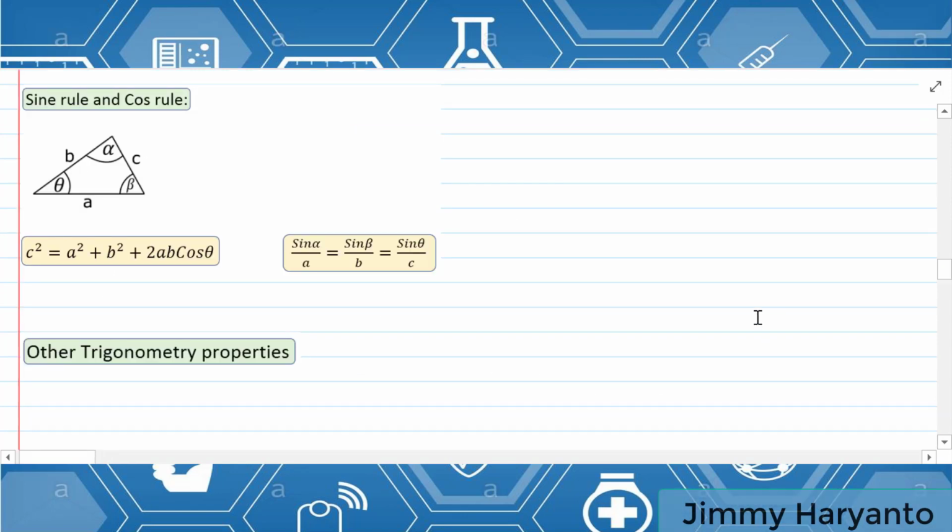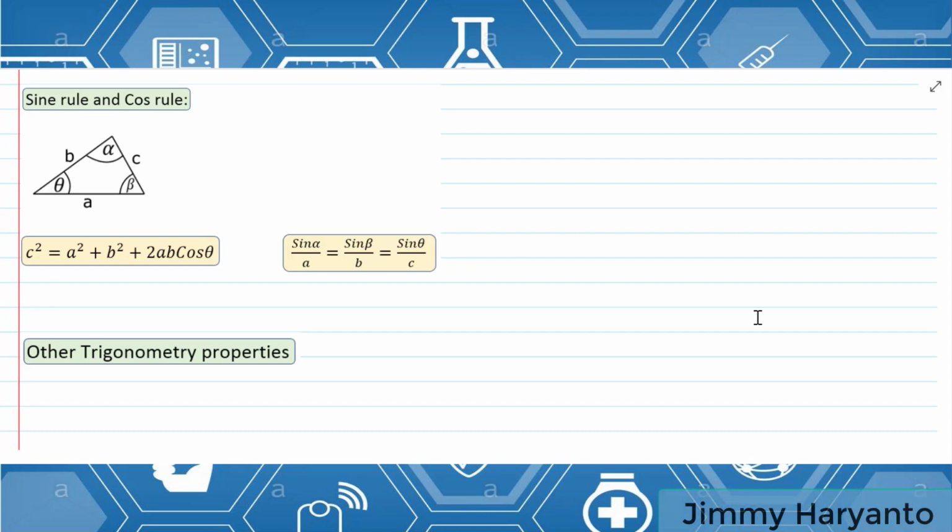The next skill will be the sine rule and cosine rule. I will not explain this because it will be very long if I explain it again. If you forget how to do this, you can open your notebooks and study it again. For the cosine rule, it will be c squared equals a squared plus b squared minus 2ab cos theta.